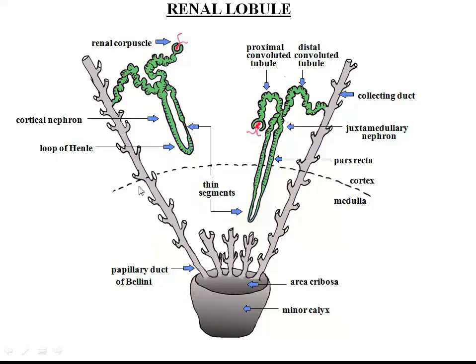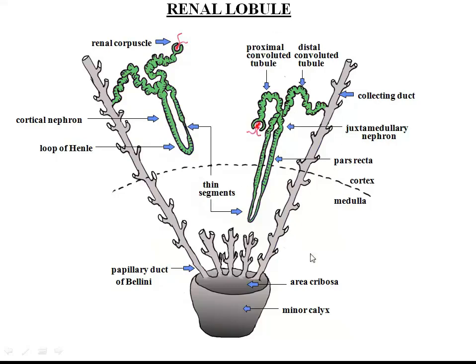Now see, this dash line demarcates the medulla portion here, and above this is the cortex portion. But not all the nephrons' loops of Henle enter into the medulla portions, some remain in the cortex only. So that kind of nephrons are cortical nephrons, and these are the medullary nephrons.